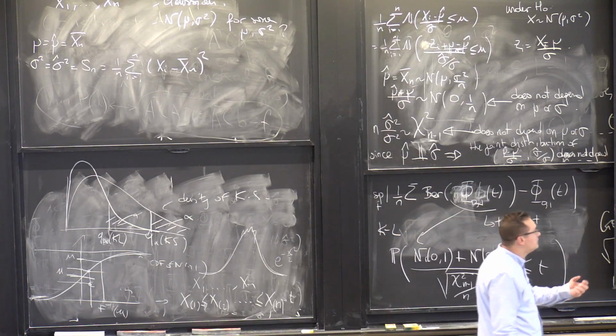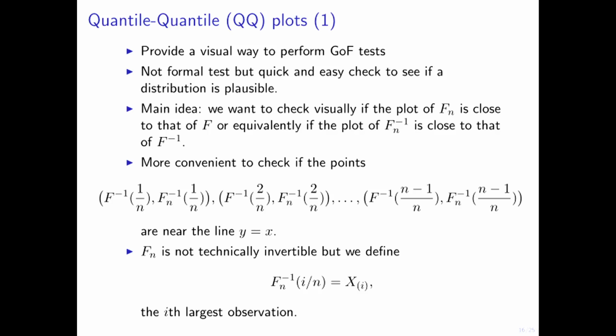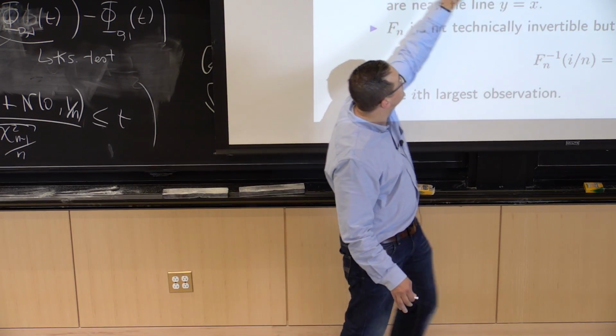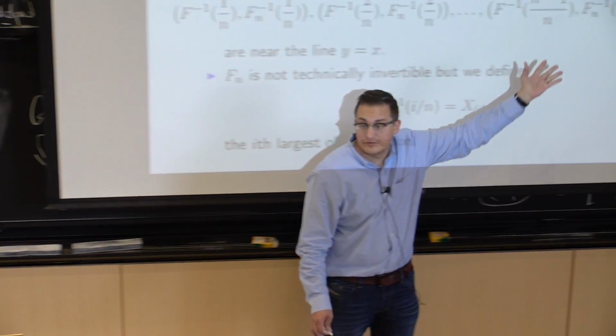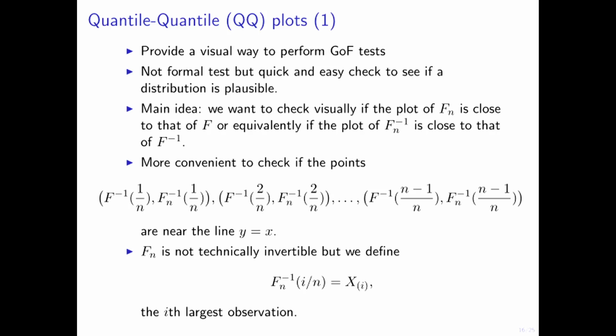So in particular, Fn inverse of i over n is the location where the ith jump occurs, which is the ith largest observation. So for these values, the y-axis is actually fairly easy. It's basically my ordered observations. The x values depend on the function f I'm trying to test.